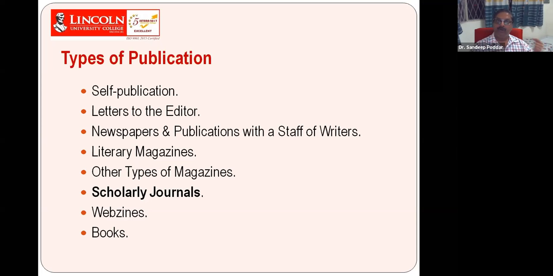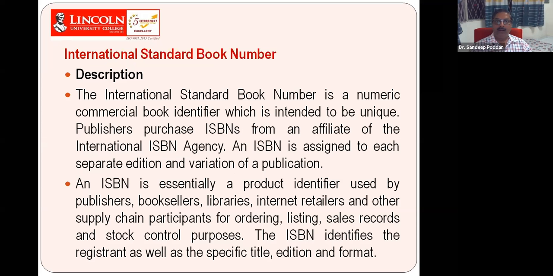This one I have told also several times. Self-publication, letters to the editor, newspaper publication. I can write something in the newspaper, literary magazine, and other types of magazine. Then scholarly journals. What we understand about publication is research publication. Then web magazines and books. All these are under publication.